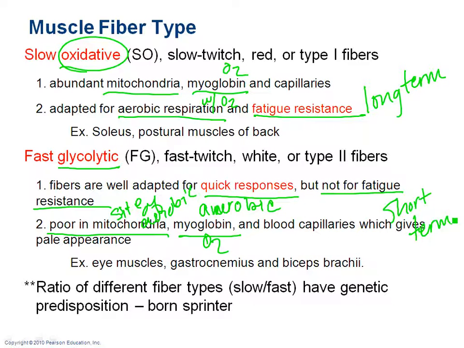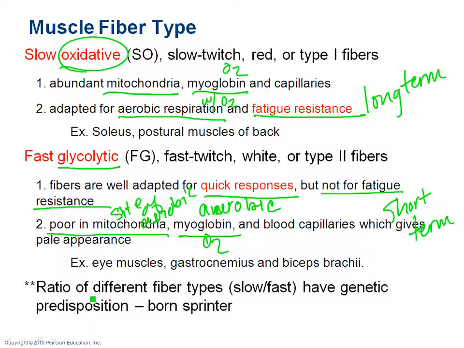Remember, muscle fibers are made up of proteins. We have our myosin, right? We have our titin. We have our actin. These are proteins. Proteins come from DNA. So there is a genetic component to whether somebody has more slow oxidative fibers or fast glycolytic fibers. It says down here at the bottom, the ratio of the different fiber types have genetic predispositions.